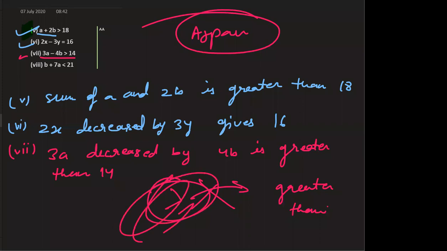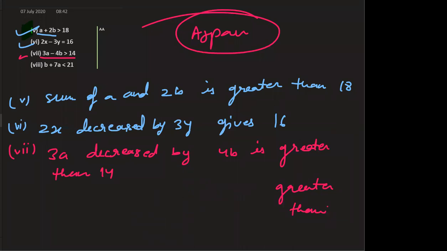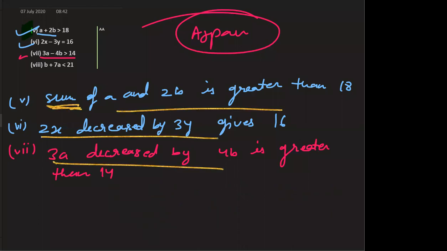Nobody will use this sign in the statement. You have to write in words. I hope that it is clear. In a statement you will not use any of the signs, whether plus or minus. Look at these statements. I have not used any of the signs. I have just written the statements in words.